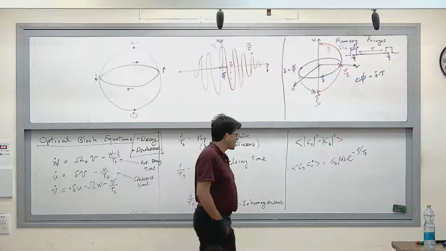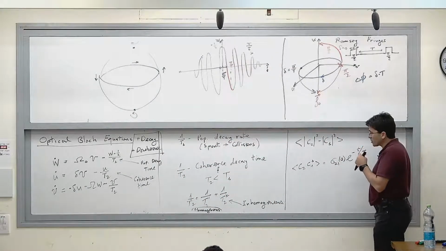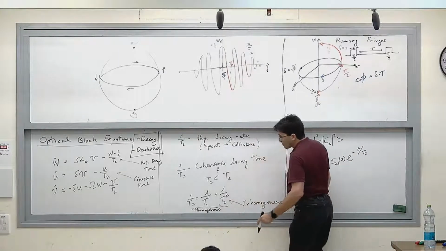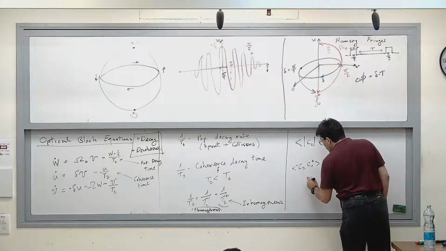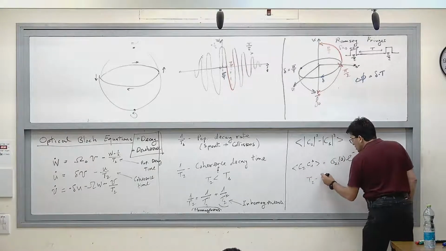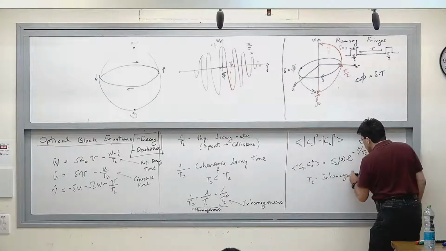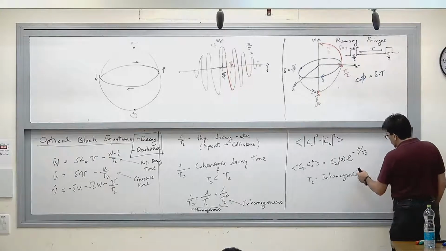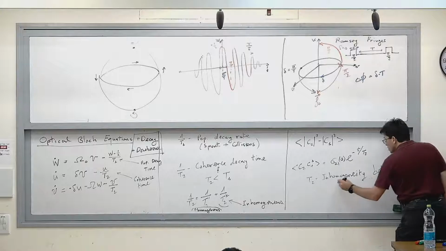Later. Okay, so we understood what this is. So T2 is due to inhomogeneity between atoms.